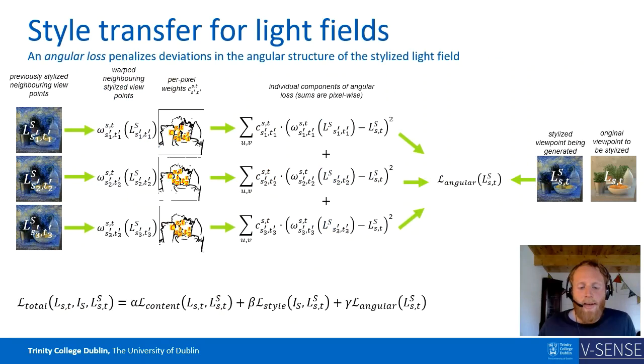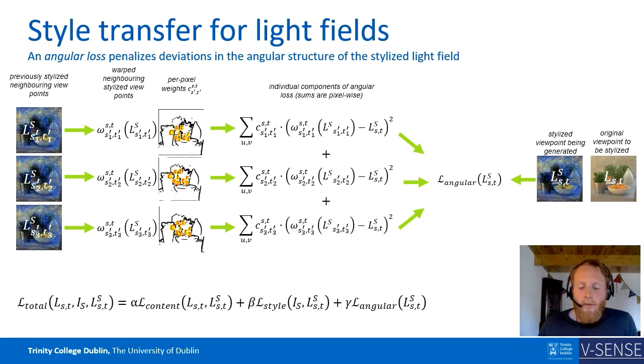We'll look at our angular loss function. It is designed so as to penalize deviations between neighboring stylized views of the light field. The current slide shows its construction for a sample viewpoint. Again, we take the set of previously stylized neighboring viewpoints. For each stylized viewpoint in this set, we warp it according to the optical flow between the corresponding original unstylized view and the view to be stylized.